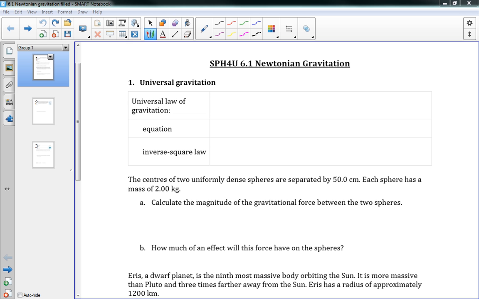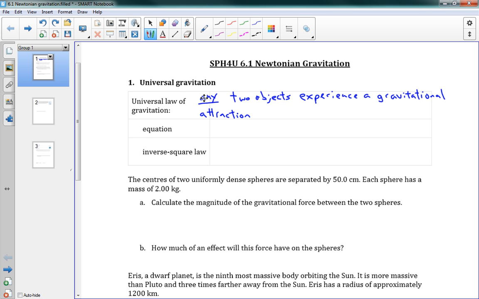We're just going to have 6.1 and 6.2, and some of it might even be reviewed, depending on what you saw in grade 11. To start off, we're talking about the universal law of gravitation. And that tells us that any, I'm underlining any two objects experience a gravitational attraction related to their mass and distance.